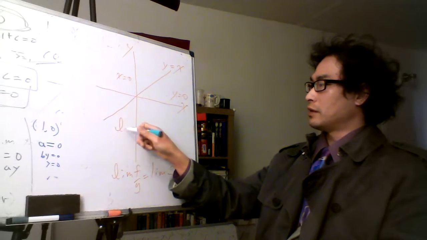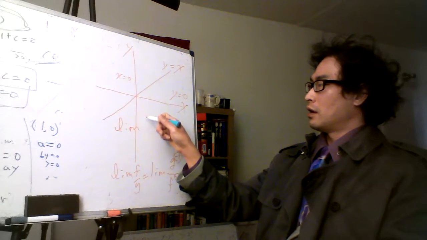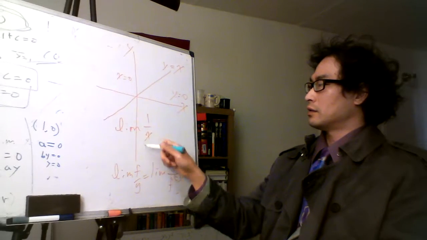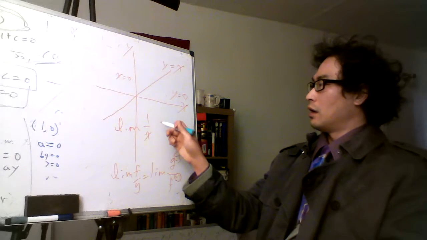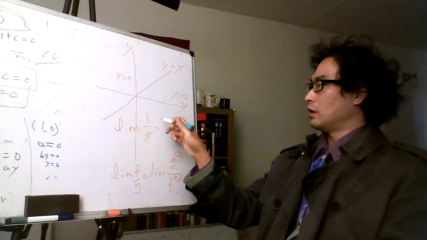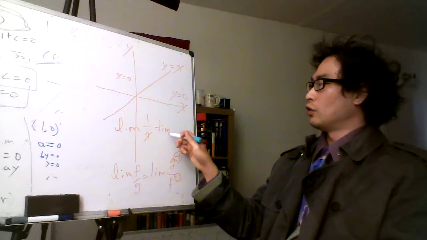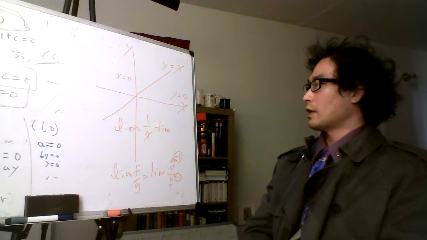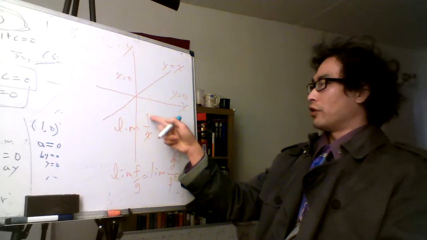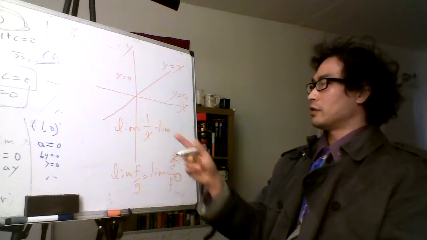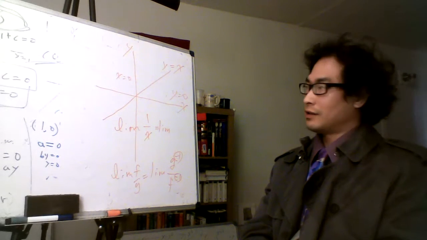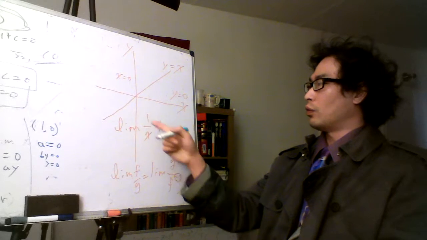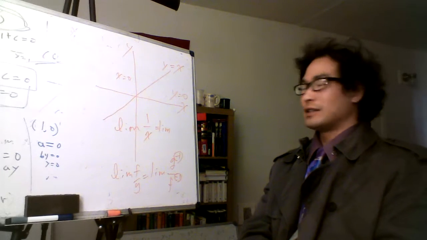What is the limit of 1 over x? If you use the second L'Hopital theorem, it is the inverse of 1, this constant function, okay? What the hell is that? Y is equal to 1. What the hell is that? This is x is equal to 1.